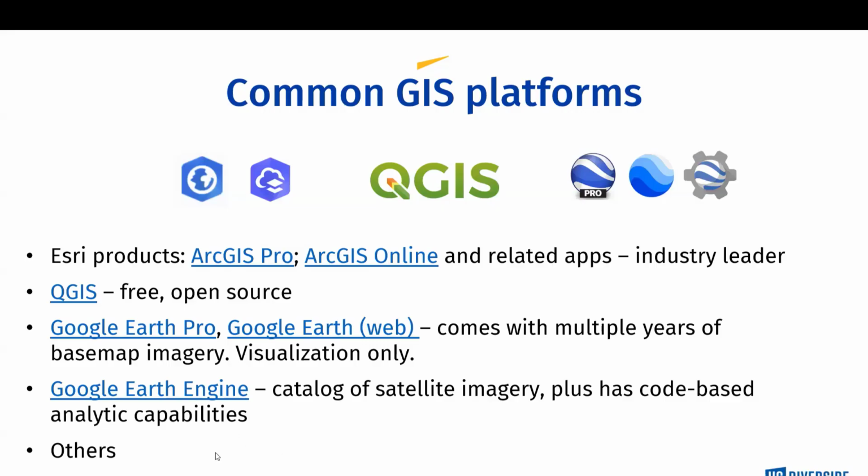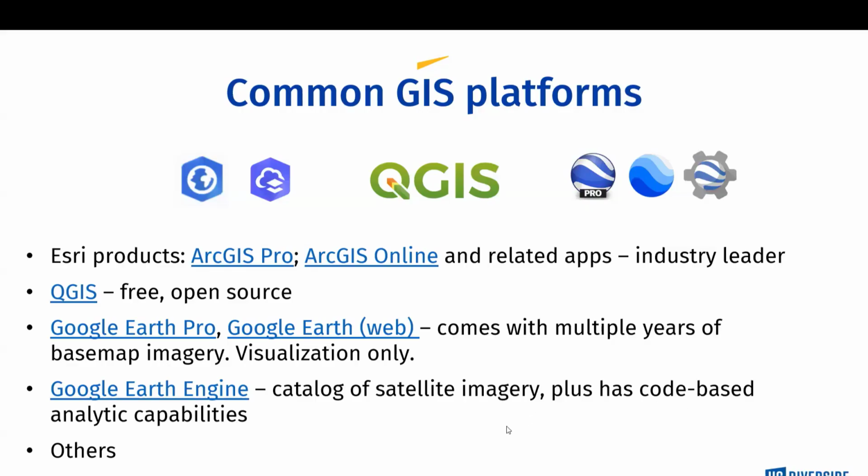That is made up for, though, in Google Earth Engine, which is a third version of Google Earth. Like I mentioned before, it has a catalog of satellite imagery in it already. Plus, it has the ability to do high-level analytics. It's mostly code-based, so it's not a tool where you click a button. You have to have the code to make the analysis happen. And then, of course, there are other platforms, but these are the big ones.